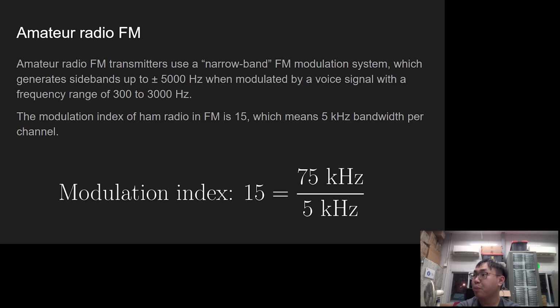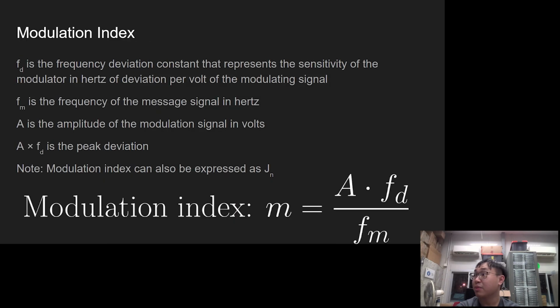The maximum peak deviation is 75 kHz, and our voice, the message signal input, is 5 kHz.